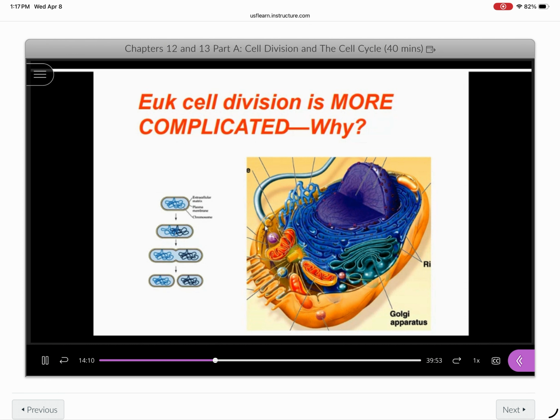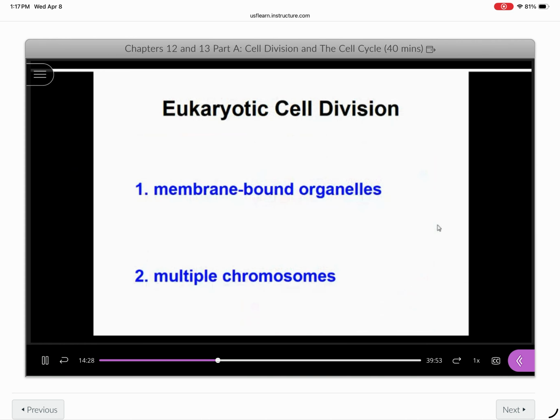Bacteria don't contain internal compartments, and that means the cell has to contend with that when the cell divides. The other thing is the DNA. There's usually multiple chromosomes, right? You can't necessarily see that here, but in fact, there's usually multiple chromosomes. So let's address both these points.